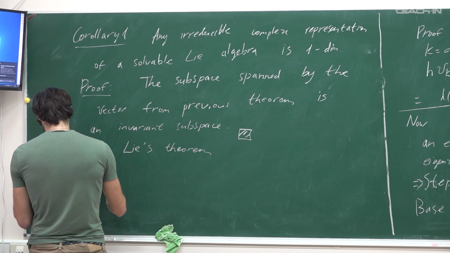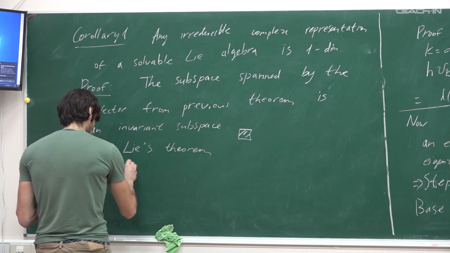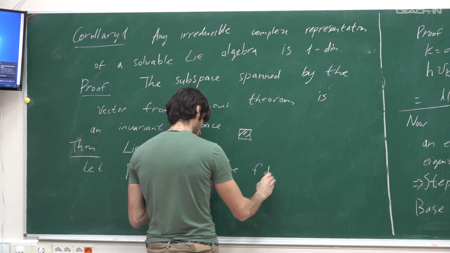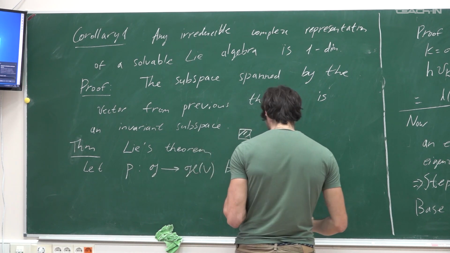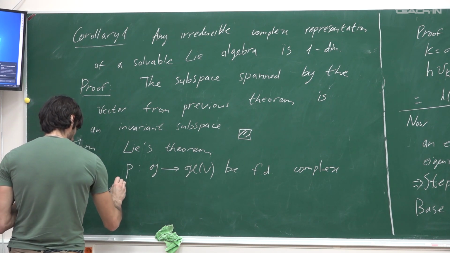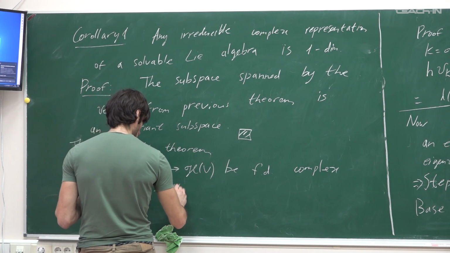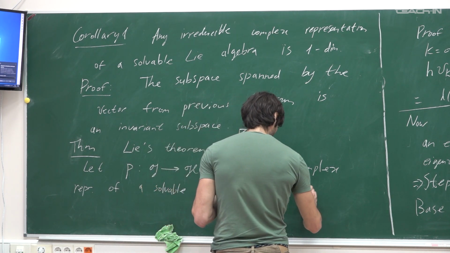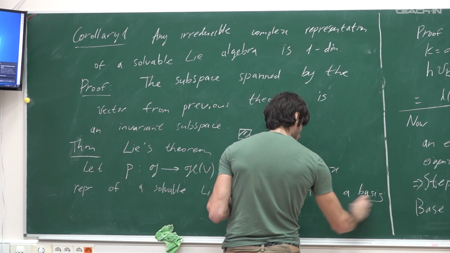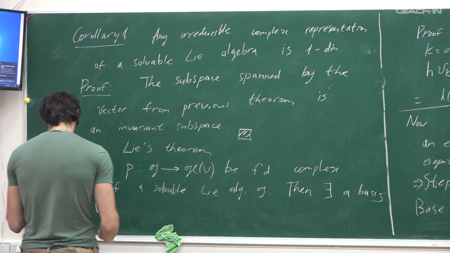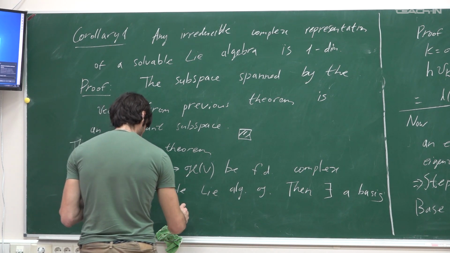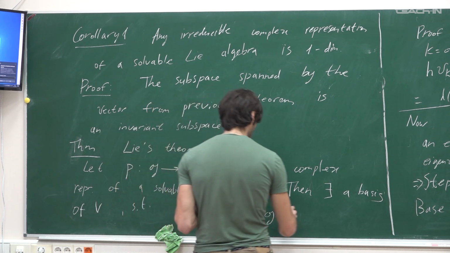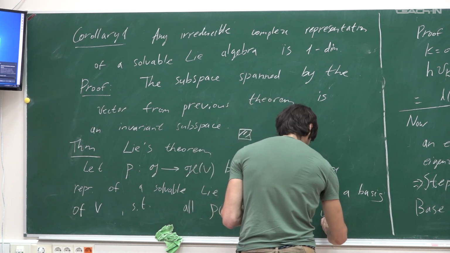So let rho from G to gl of V be a finite dimensional complex representation of a solvable Lie algebra G. Then there exists a basis of V such that all rho of x, as x runs through G, are upper triangular in this basis.